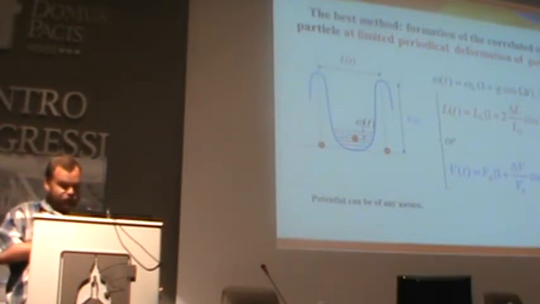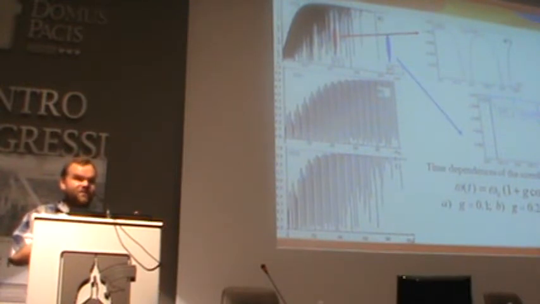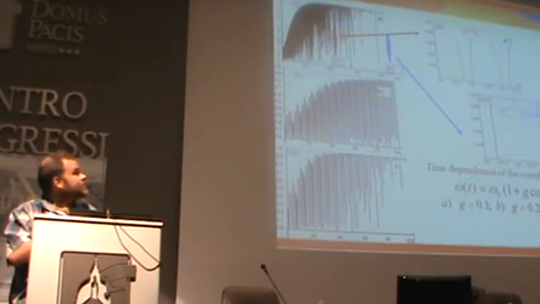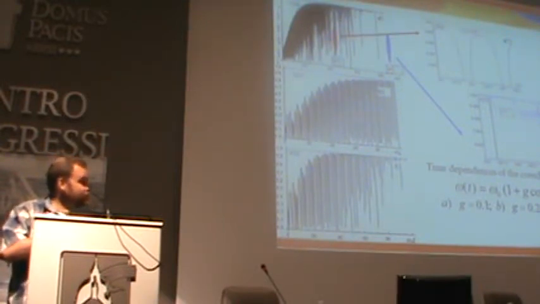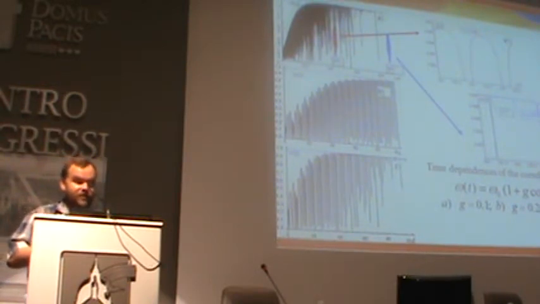And it was shown in our previous articles that in this case we have a very fast increase of the correlation coefficient, but only on several frequencies. We can show that if the frequency of modulation is equal to the frequency of the oscillator, we have a great increase of the correlation coefficient, and during several periods it has a value of 0.999 or even 0.9998, depending on time and on different coefficients of modulation depth.